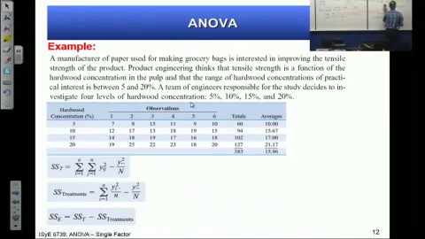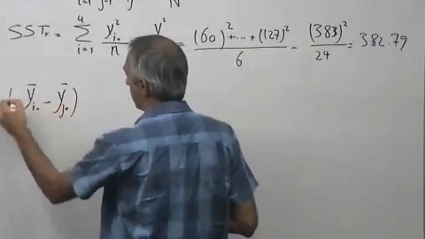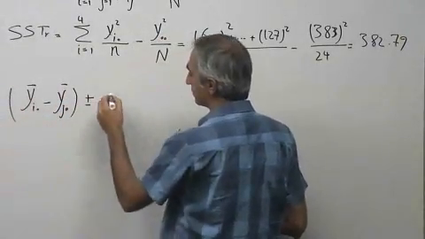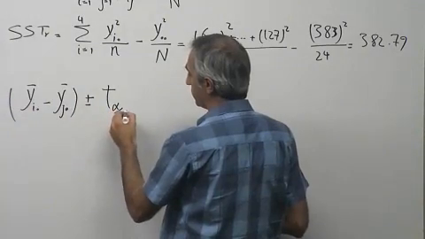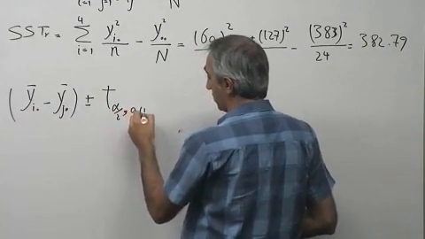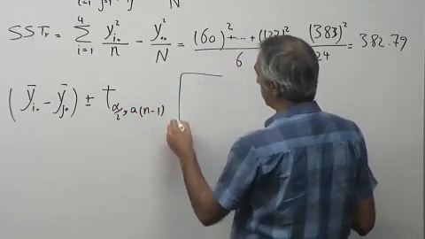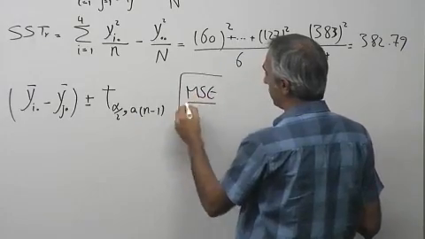So it's y bar i dot minus y bar j dot plus minus t alpha over 2, a times n minus 1 degrees of freedom, MSE divided by 2n.